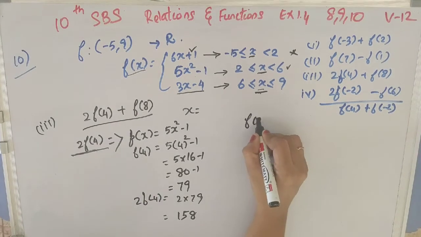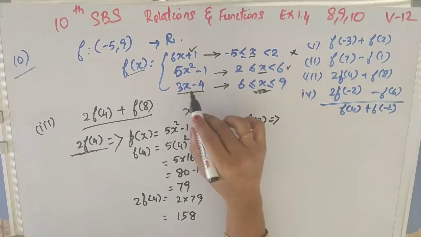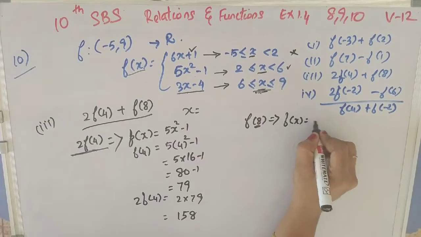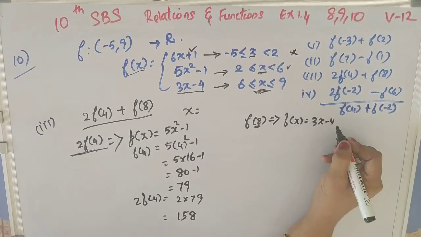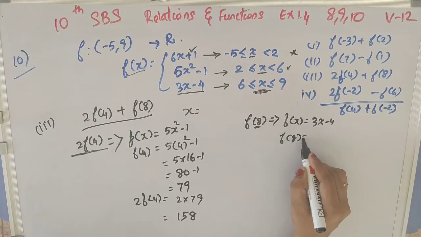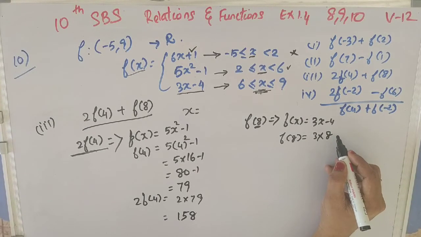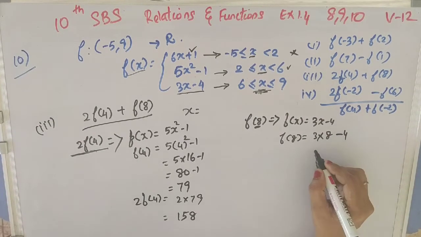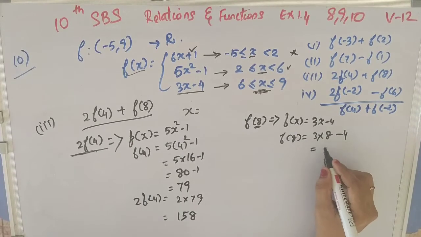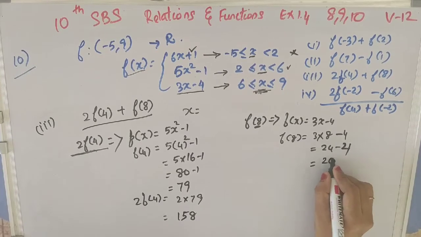Okay. Now we need to find what is f of 8, isn't it? Where is 8? 8 lies between 6 and 9. So we need to use f of x is equal to 3x minus 4. So f of 8 is equal to 3 into 8 minus 4. So 3 into 8 is 24 minus 4, which is 20.